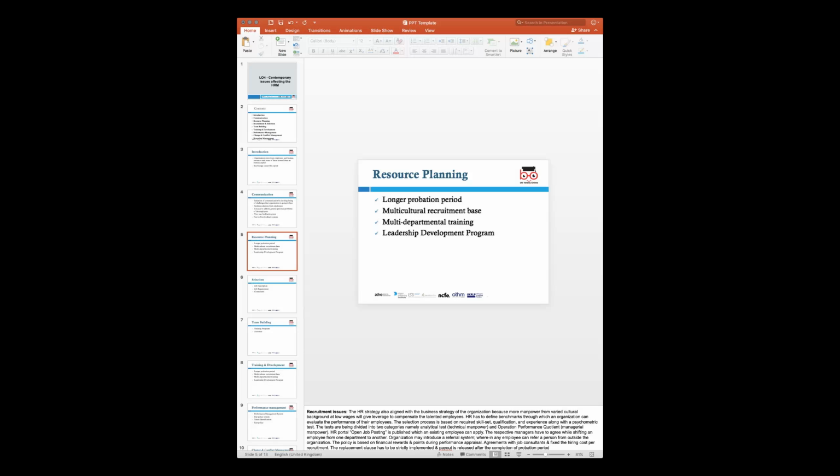So resource planning is a strategy which HR puts in place to basically look at measuring performance. From time to time, they look at, obviously, the process of selection. They look at what skill sets are required to be able to perform those jobs.